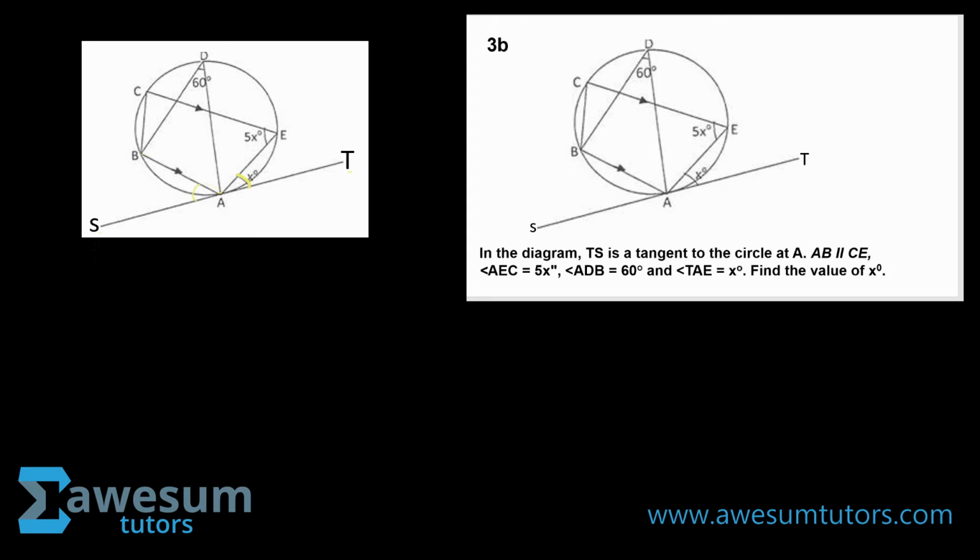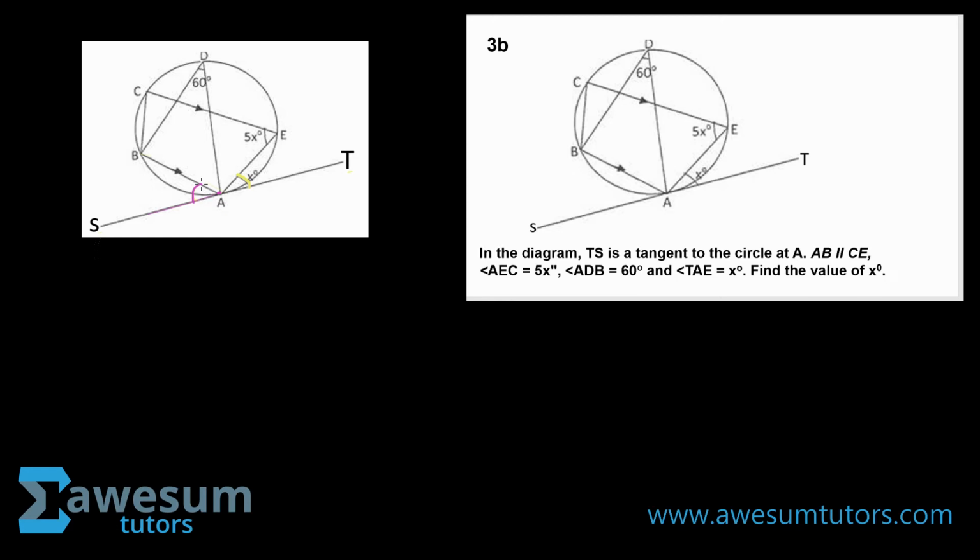What this is saying is that the angle between here to here, the angle between the tangent, this is the tangent right here, to a circle and a chord, this is the chord right here, through the point of contact, is equal to the angle in the alternate segment.